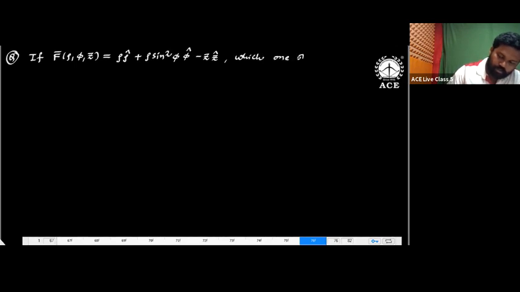Here is a question. If f of rho, phi, z is equal to rho cap plus rho sine square phi, phi cap, minus z cap, then which one of the following is true?